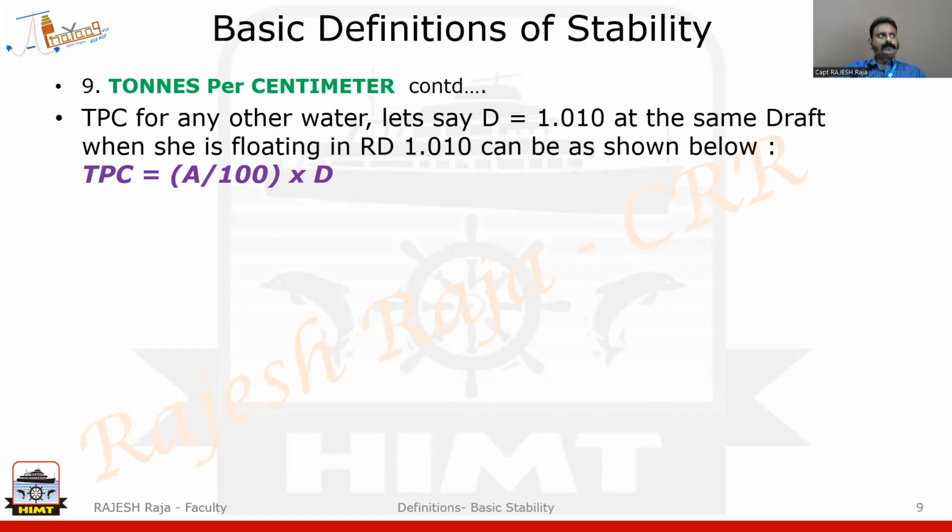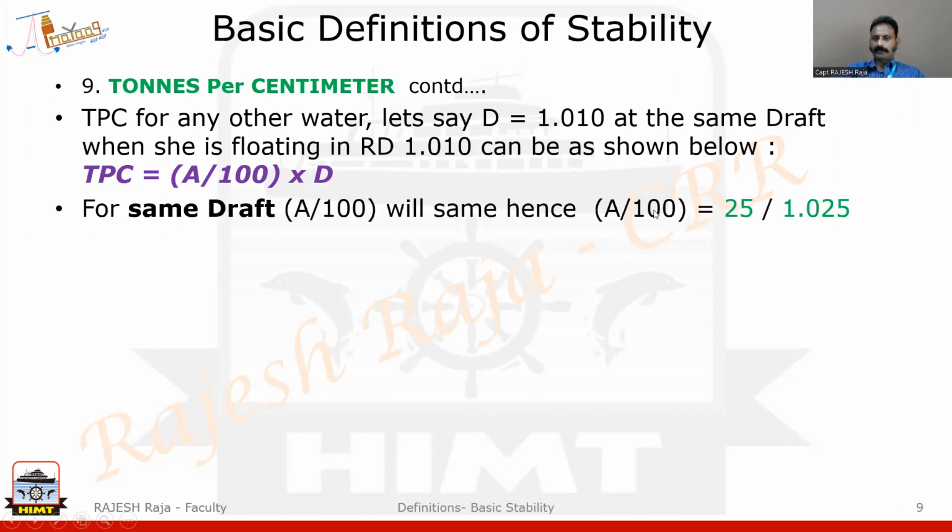Now, let us assume that I'm going to be at the same 5-meter draft in a dock water density of 1.010. So how can I calculate? I'm still going to use the same formula only. He already gave me what it is in salt water. So I know what it is in salt water. So if I put that in salt water, you will see that the left-hand side of this equation will have 25.